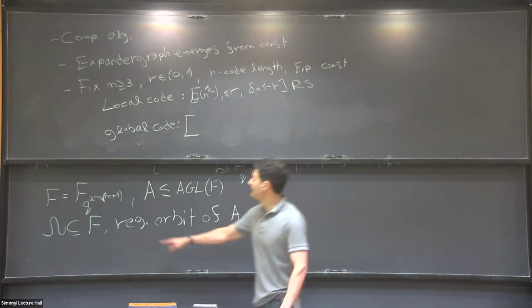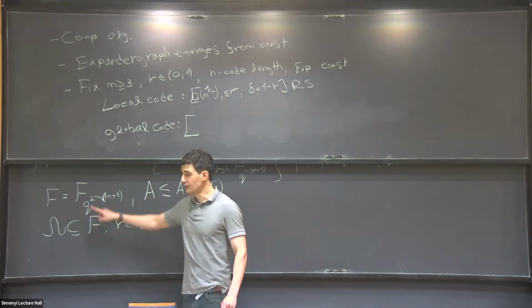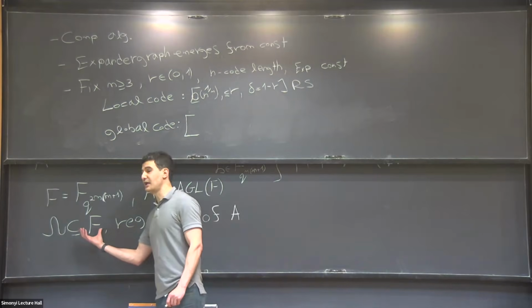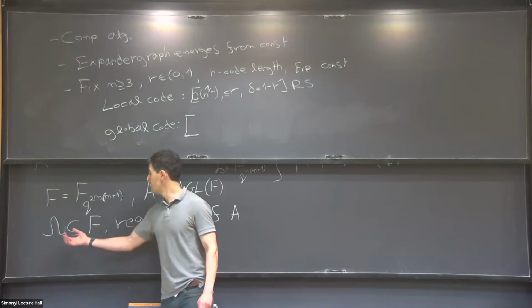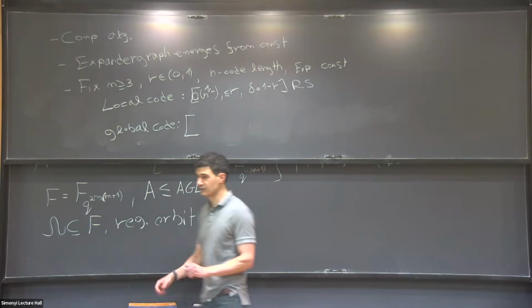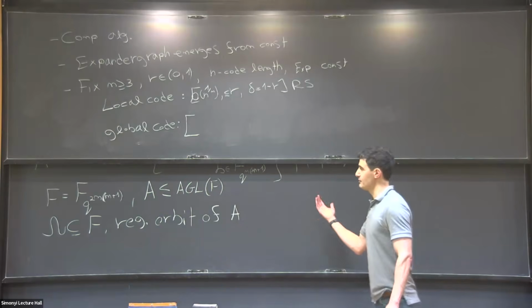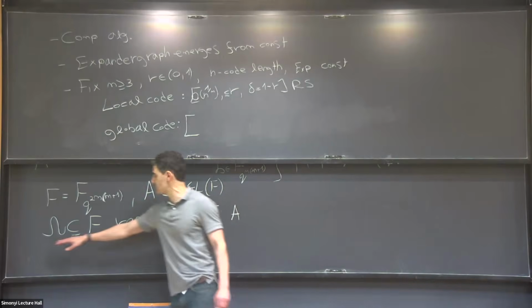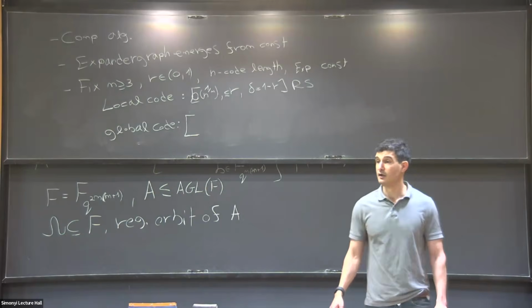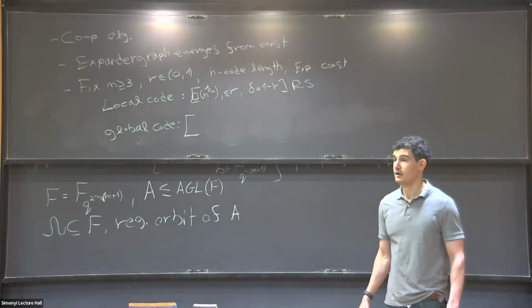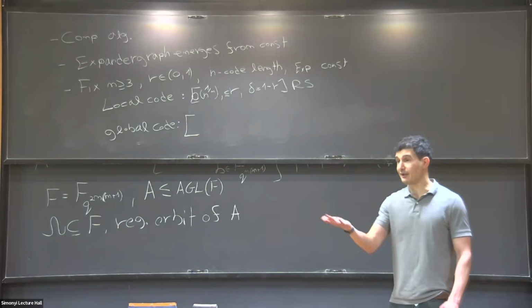And why do I need the extra factor 2? If the field is large enough, I can guarantee very easily that there is such a regular orbit. It's a very simple counting argument, but you can actually find this explicitly. You just say that if you don't move, then you're a root of some polynomial. Exactly.